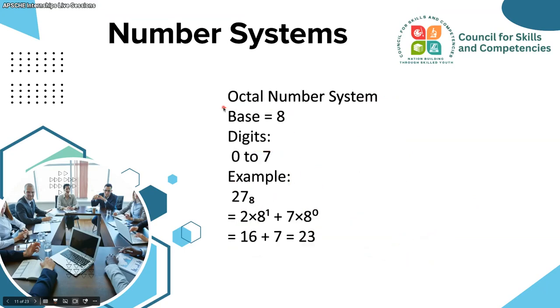Then octal is base 8, with only digits 0 to 7. Same thing: 0th place, first place, and since the base is 8, you use powers of 8, and you get the decimal representation.